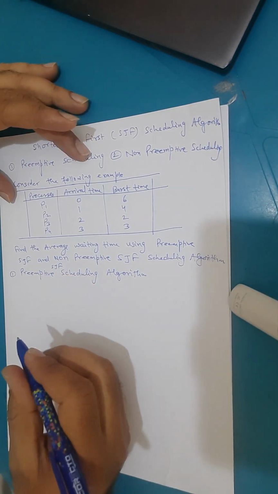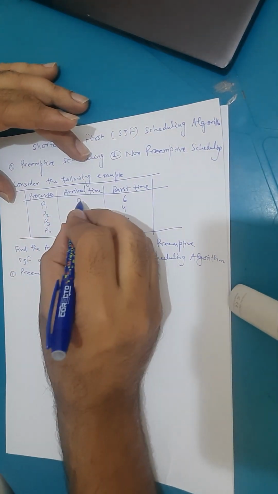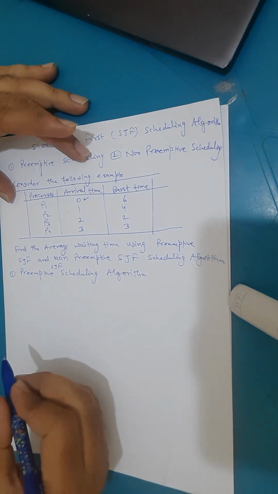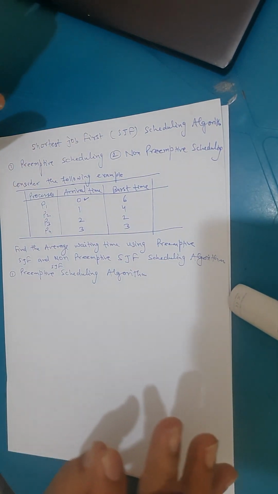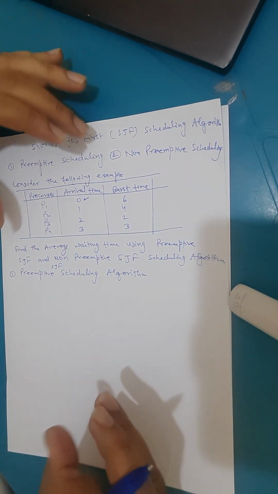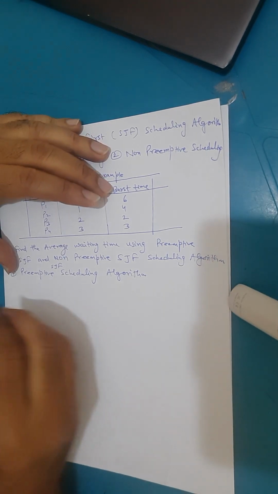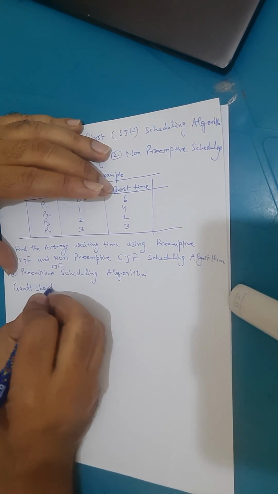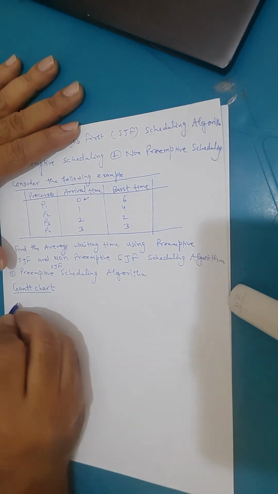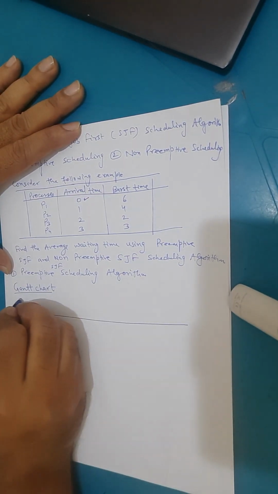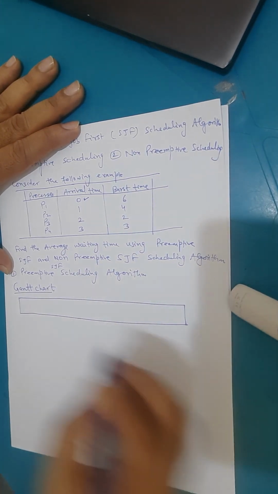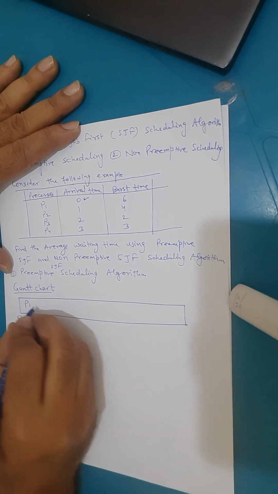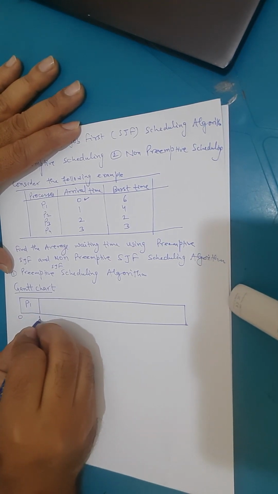So at 0 arrival time, P1 enters into the system. There is no other process in the system, so P1 will start to execute. This is the Gantt chart. So P1 will start to execute from 0 to 1, right?